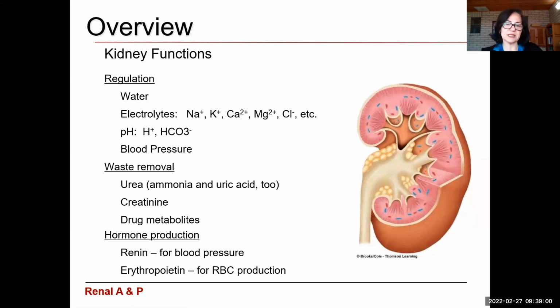As we'll see later in the semester, EPO is necessary for signaling the bone marrow that we need more red blood cells. Why it's produced in the kidney is anybody's guess, but it is produced in the kidney and it is released from the kidney. All right, so those are the main functions of the kidney.